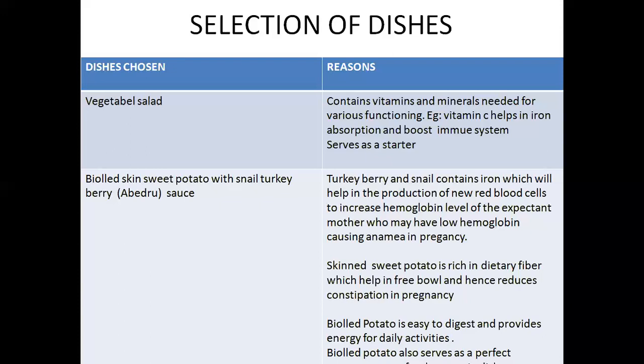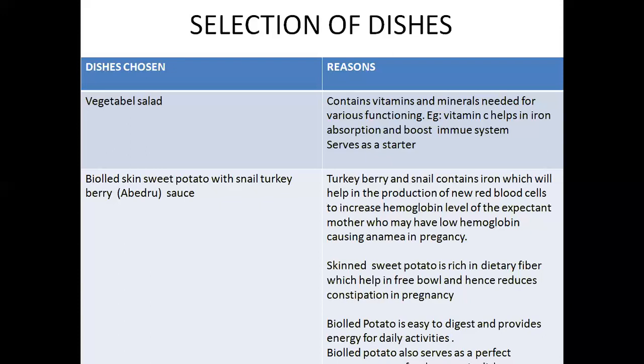Some of them, just a vegetable salad will make them go for the food. So that is why it's important to get a starter, an appetizer for the person. This is my reason. There could be other reasons, but justify your reason.